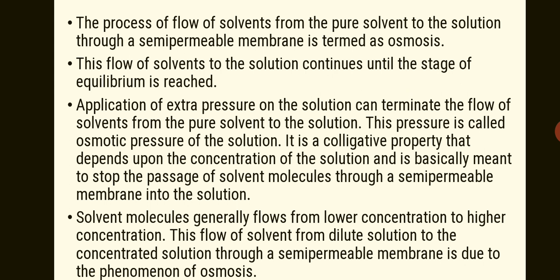The process of flow of solvent from the pure solvent to the solution through a semi-permeable membrane is called osmosis. This flow of solvent to the solution continues until the stage of equilibrium is reached.